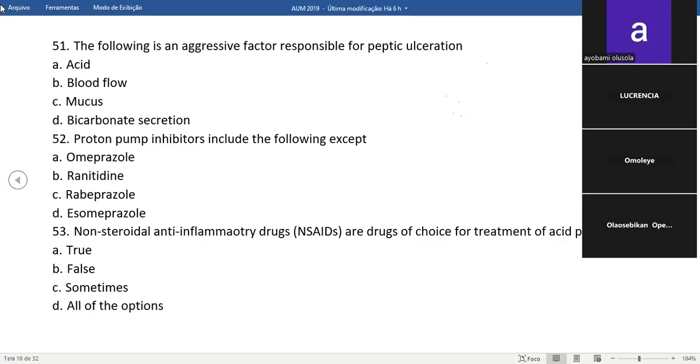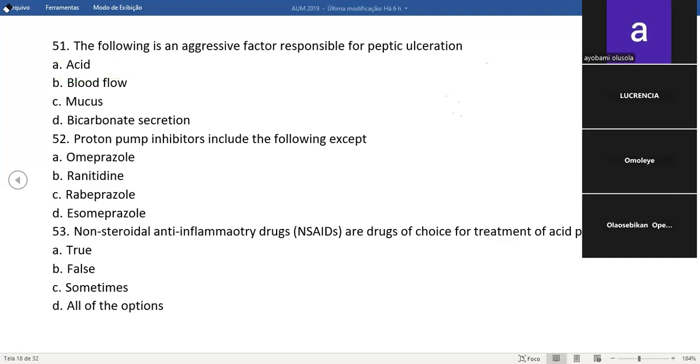The answer is acid, A. Mucus protects the GIT. Bicarbonate secretion also protects the GIT. Blood flow is also protective. So acid is the aggressive factor.